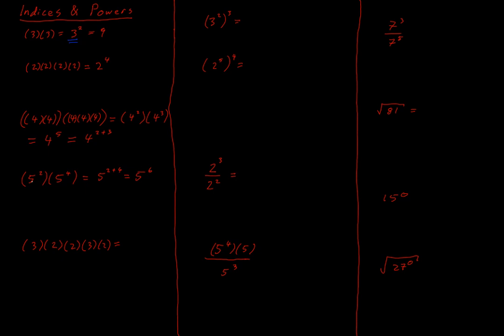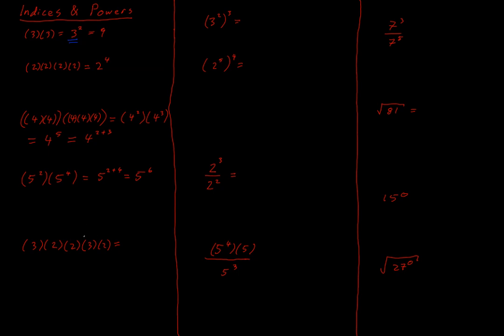Does that make sense in terms of what I know about these things? I have 5 multiplied by itself twice, multiplied by 5 multiplied by itself 4 times. So I have 1, 2, 3, 4, 5, 6 5s multiplied together, and I end up with 5 to the power of 6. So that checks out, it makes sense.